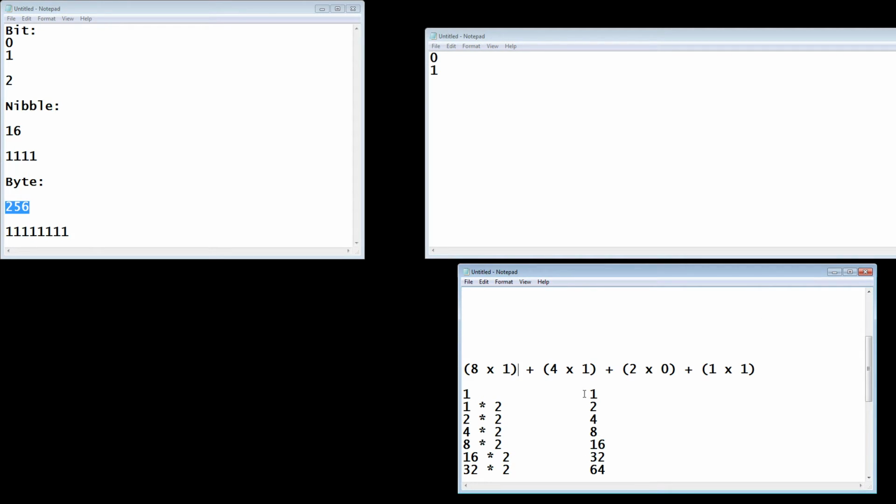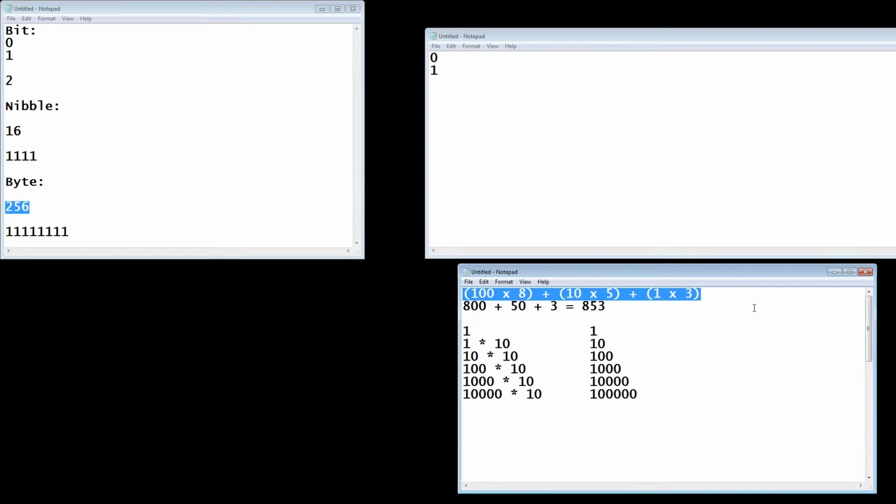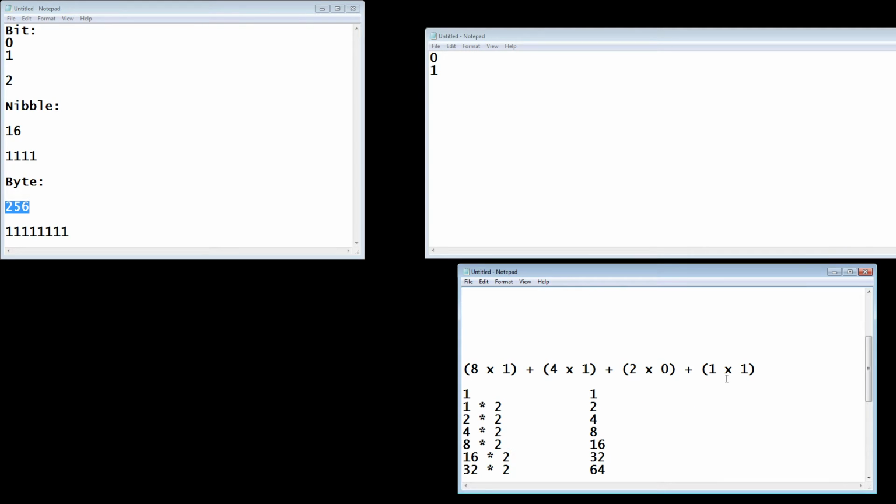Alright, so what we've written out here is the same thing as this basically. And so it's going to work the same way. We're going to have 1 times 1, which is 1. Plus 2 multiplied by 0. Multiplied by 0 is always going to be 0.